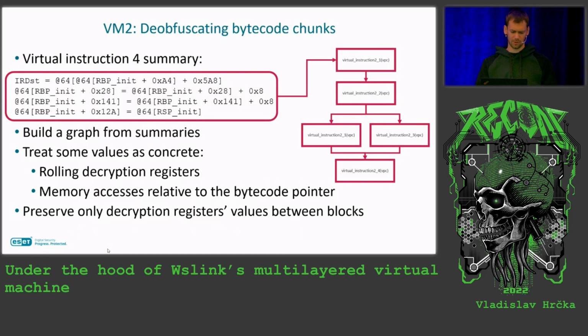We will treat these registers for rolling decryption as concrete values, and additionally values that are relative to the bytecode pointer, which means basically all the operands, and we will preserve the values of the decryption registers between the blocks.